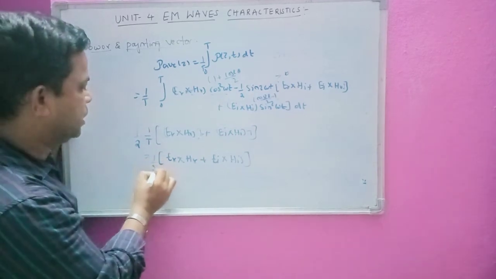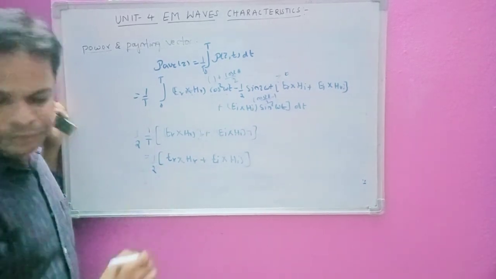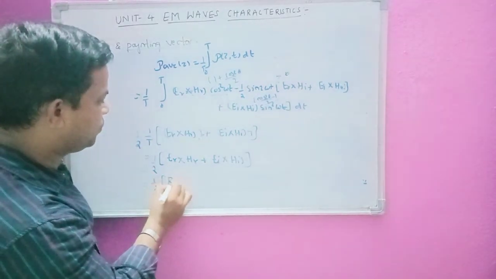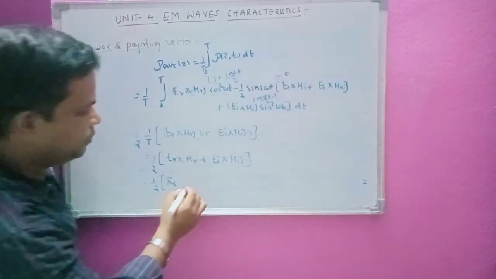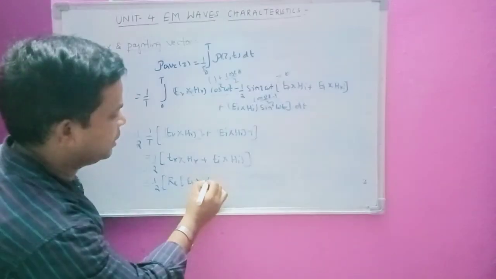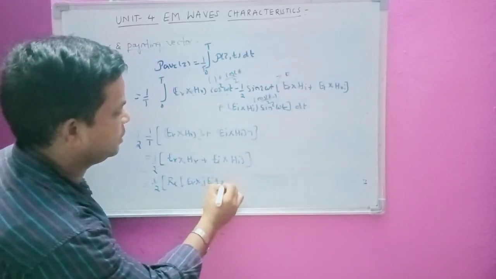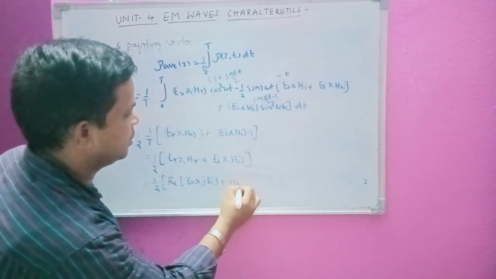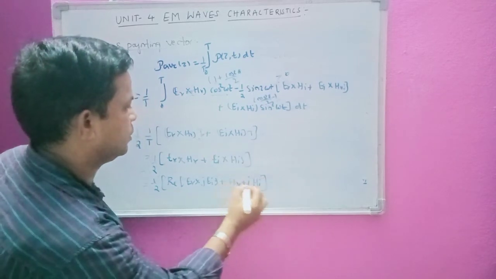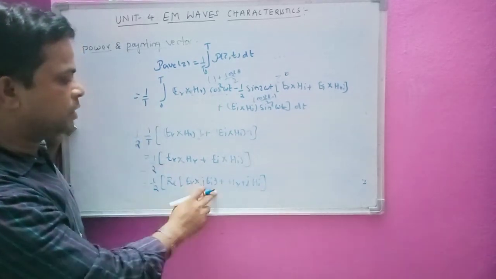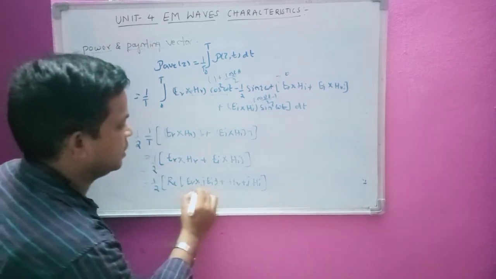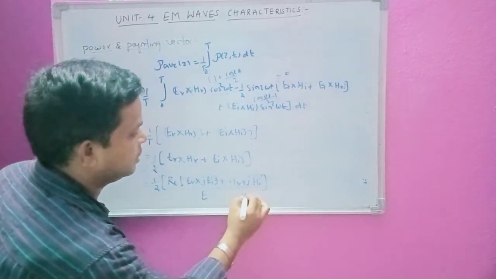So now if I take 1 by 2 of the real part of E_R cross jE_I plus H_R cross jH_I, if I take the real part of this one, I will get the same thing. So that's why I can write this one as E and this one as H.